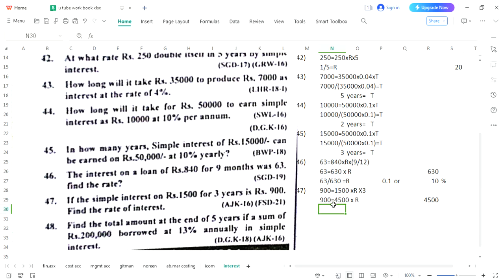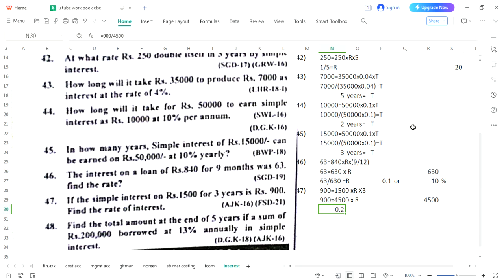Now 4500 is being multiplied over here. When you take it to the opposite side, it would be divided. So 900 divided by 4500. This way you get 0.2.